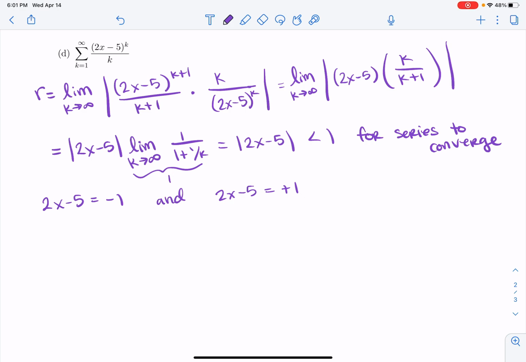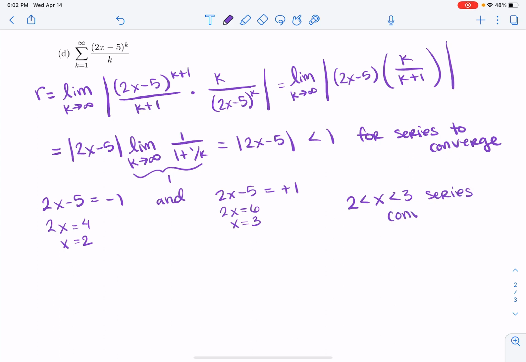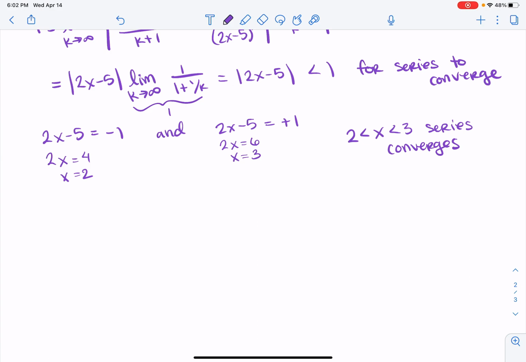Let's solve the one on the left first. 2x equals 4, so x equals 2. And then the one on the right, I have 2x equals 6, so x equals 3. Okay, so for 2 less than x less than 3, the series converges. So I need to test x equals 2 and x equals 3.